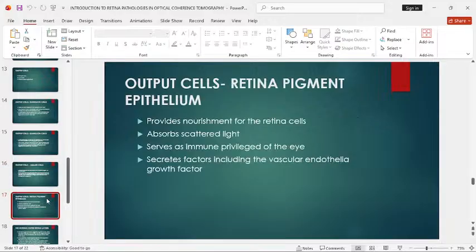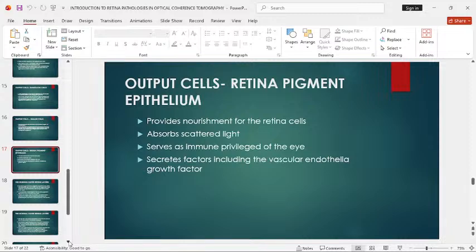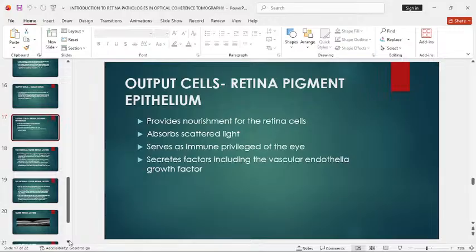So the outer cells, let's look at the retinal pigment epithelium. The function of the retinal pigment epithelium is to provide nourishment for the retinal cells. It also absorbs scattered light, provides immune privilege for the eyes, and secretes factors. One of the important factors it secretes is vascular endothelial growth factor.